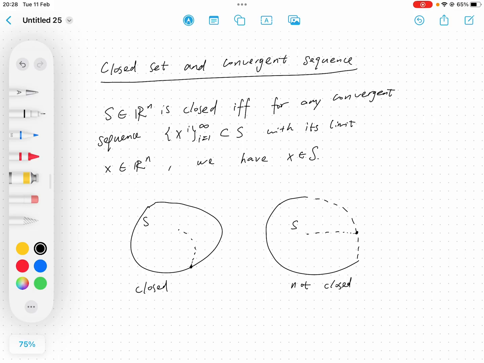Those are pretty straightforward pictures for understanding this. Now let's prove this theoretically in both directions.